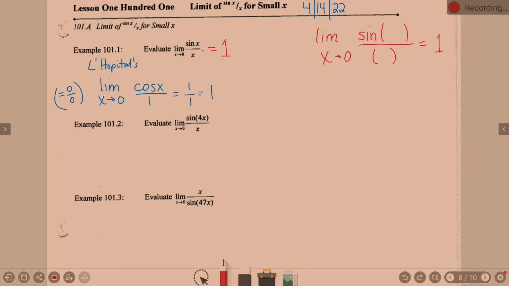Same basic thing, other than there is a 4 right there. So, no, you can't technically pull that 4 out, but that's kind of what we're thinking here. If you pull that 4 out, it's the limit as x approaches 0 of sine x over x, times 4. And so because of this 4, yes, this limit does equal 4.